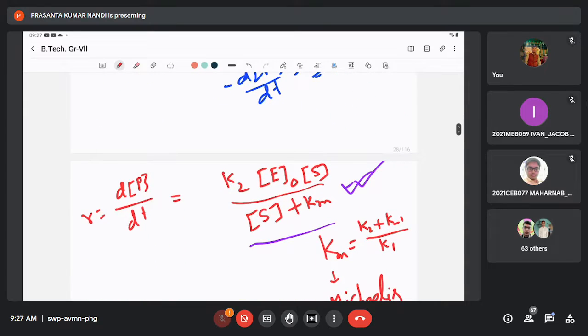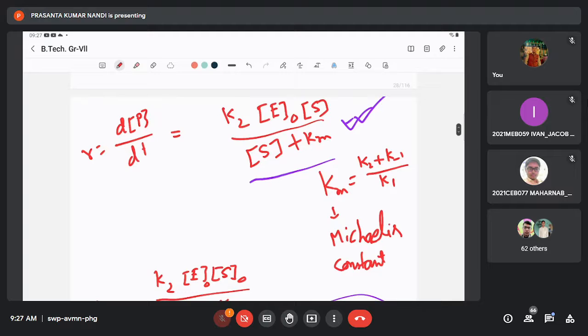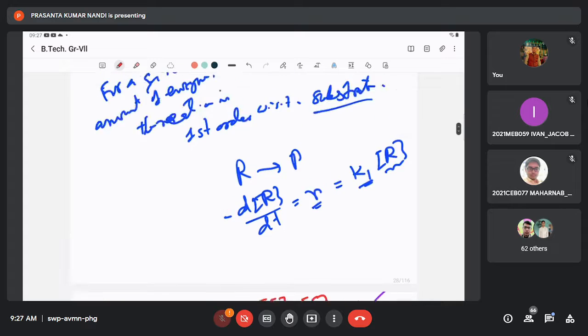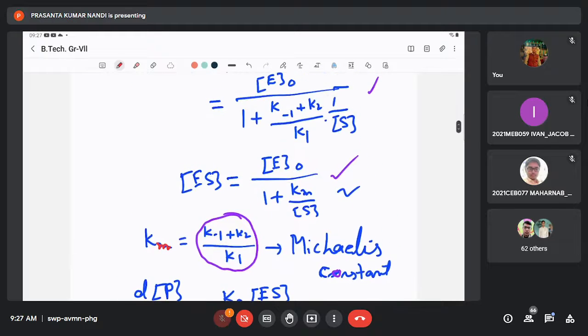Now, in general, this is without approximation. This is the exact rate equation, because if you do not divide the numerator and denominator by the substrate concentration, then you get it. And if you divide it, then we can write like this, no problem. We don't approximate, but we write this equation like this.